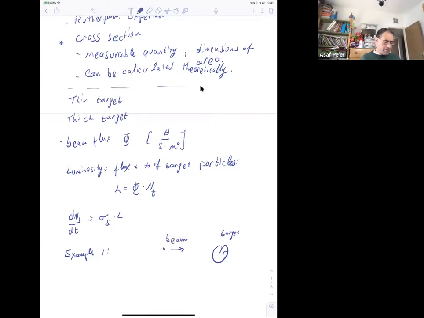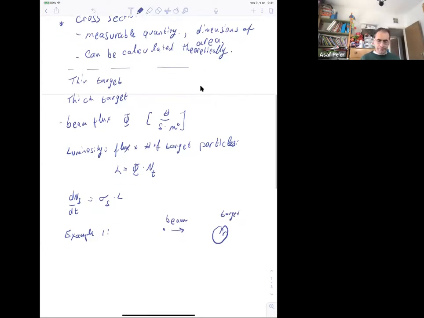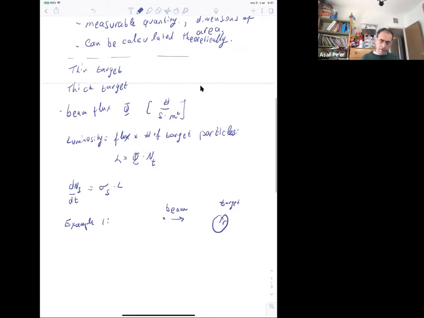The scattering is defined if the particle actually hits the target, the billiard ball hit, in which case intuitively we get that the cross section sigma is just pi r squared.